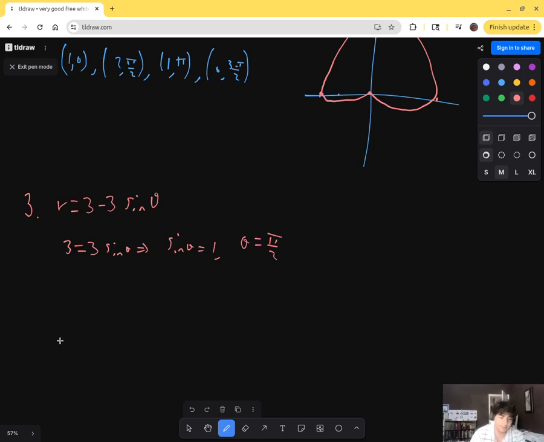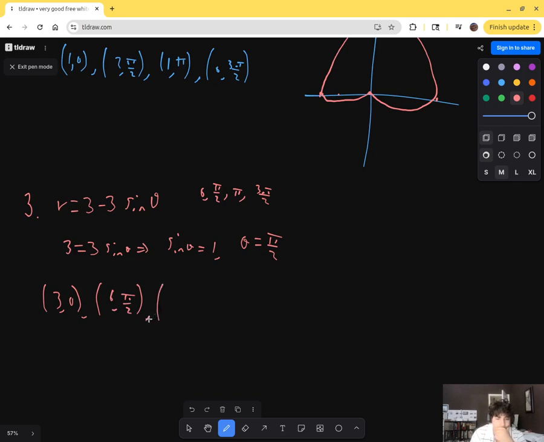Now let's find axis intercepts. So it's evaluated at 0, pi over 2, pi, 2 pi, 3 pi over 2. So when theta is 0, sine is 0. So we have 3 comma 0. And then pi over 2 is 1, so that's 0 comma pi over 2.